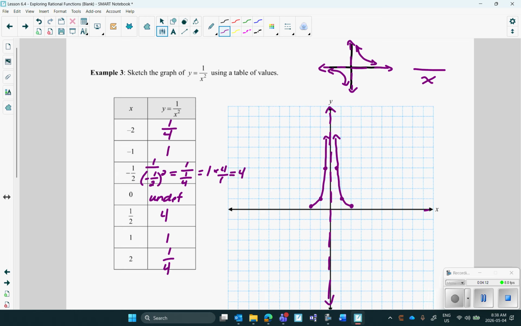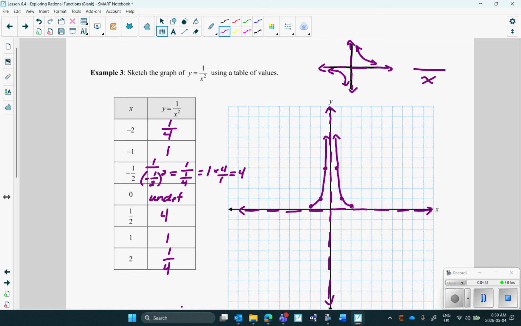Well, there's also a horizontal asymptote here, because y can never be 0. I cannot divide 1 by some number squared and get an answer of 0. It's impossible. So I have a horizontal asymptote.